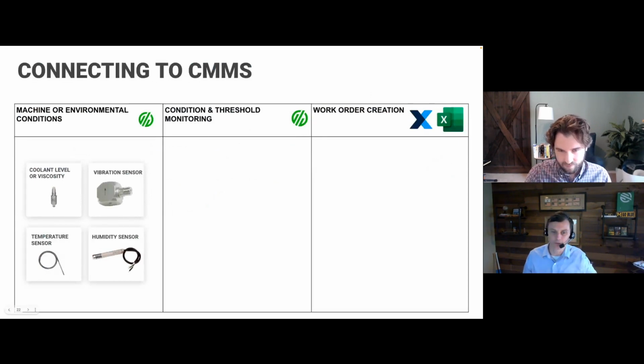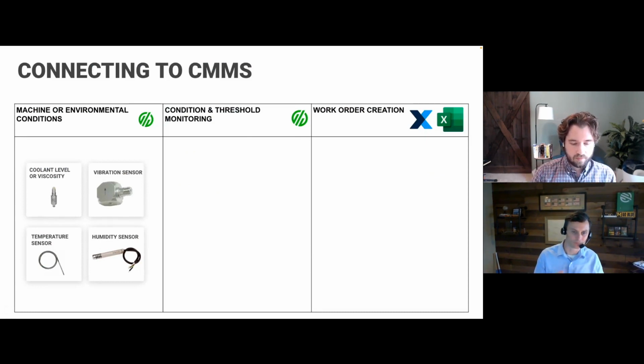Okay, so I'm going to talk to you specifically about a use case around connecting to a CMMS or maintenance system. Going back to that ISA 95 graphic, we're getting really down into level 0, where we're connecting into potentially sensors.